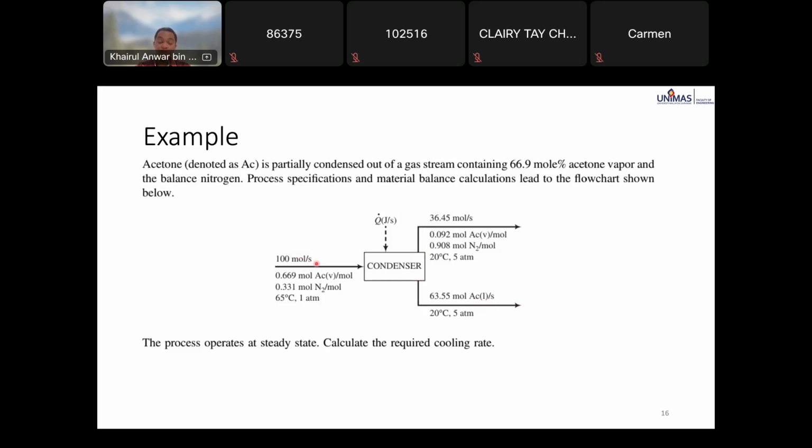So from the 100 mole per second, it's divided into two, 63.55 mole acetone in liquid form per second, then 36.45 mole per second is the outlet for the vapor. But for the vapor here, it's not pure. Some traces of acetone vapor is released to top.